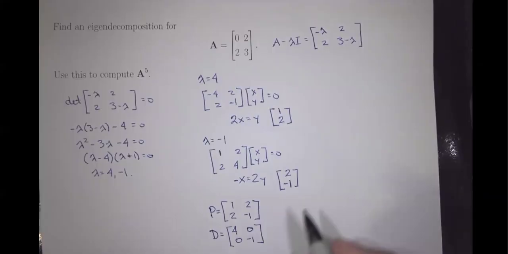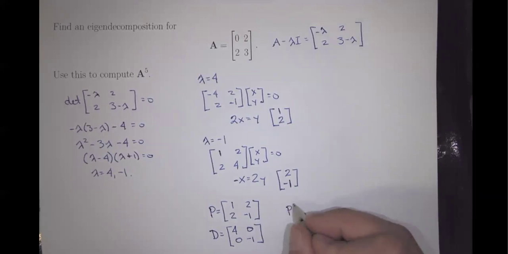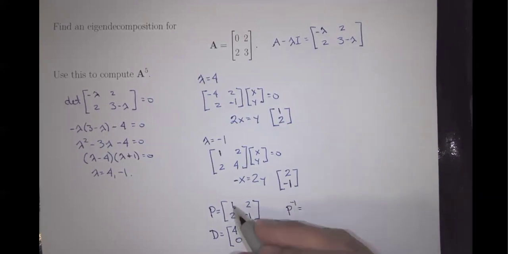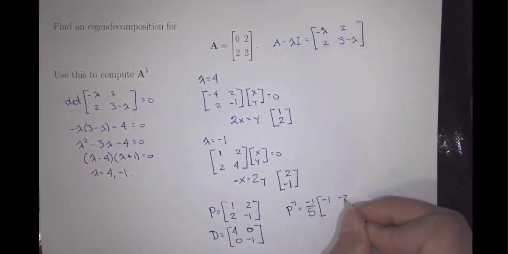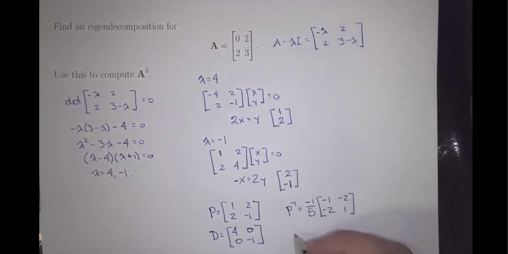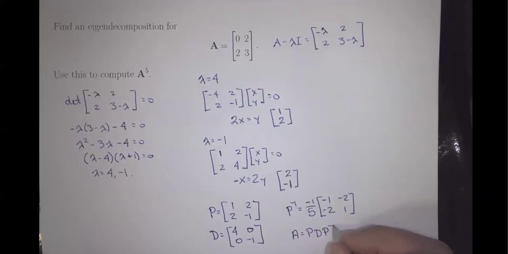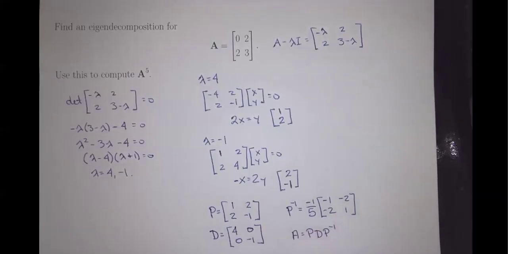Good. And P inverse. So we've got negative 1 over negative 1 minus 4, which is negative 1/5, times negative 1, negative 2, negative 2, 1. And so if you multiply these together, you get A equals PDP inverse. And that's the eigendecomposition for A.